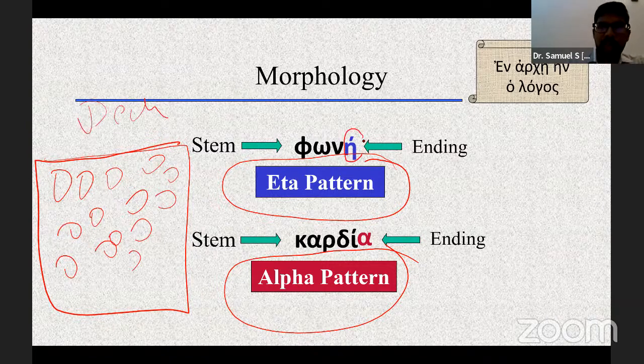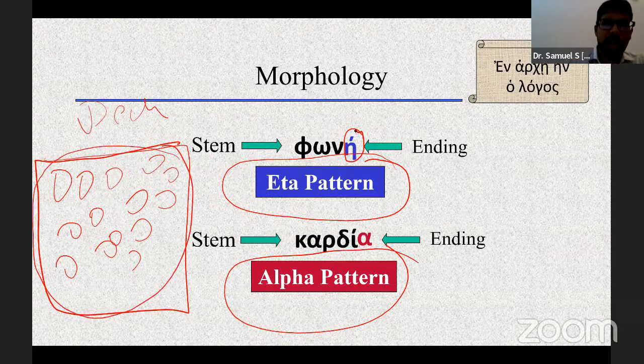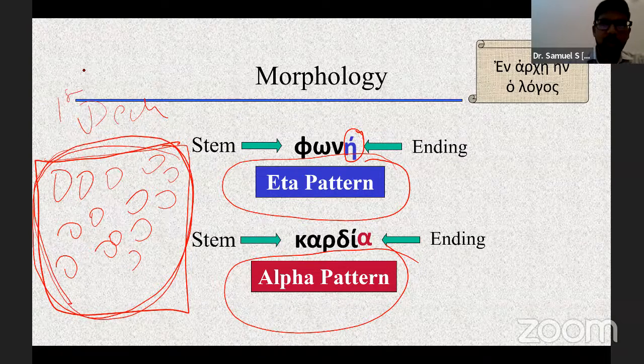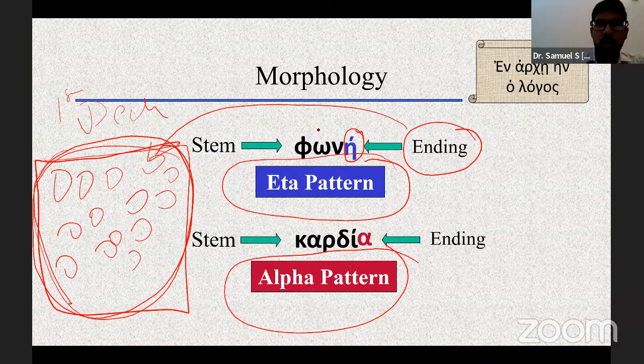So this ending is all the same, and the same way all these nouns in first declension end. That's why we are putting all of them in one box. We are calling them first declension. And we are learning these endings because it's the same endings for all nouns. Only thing that changes is the stem. That's how we are learning.